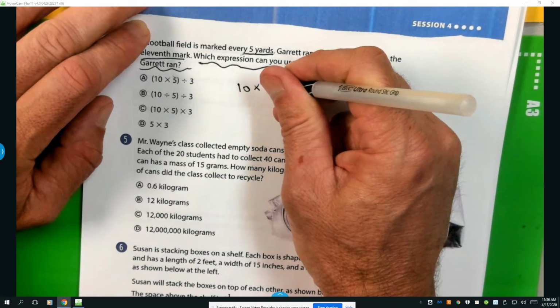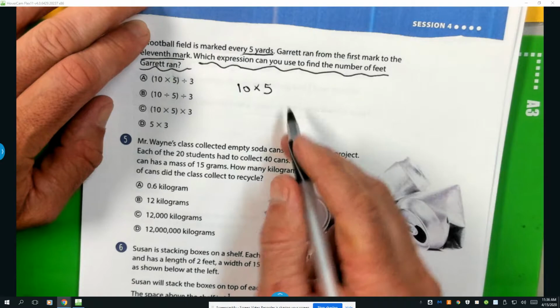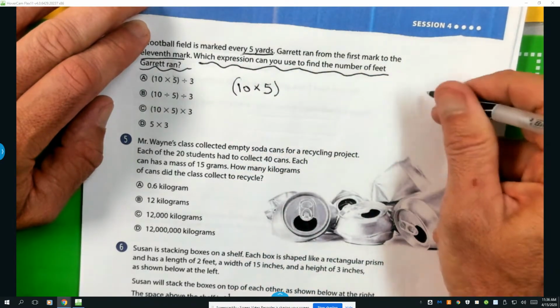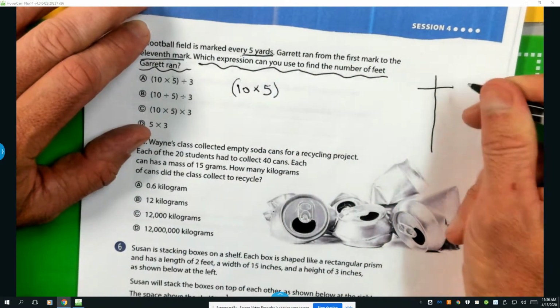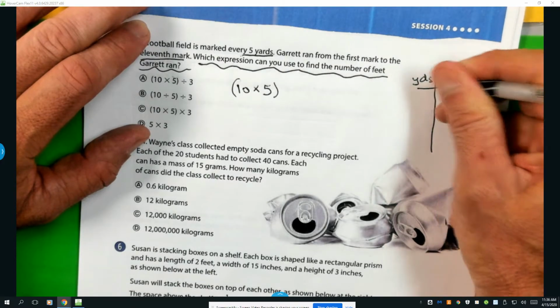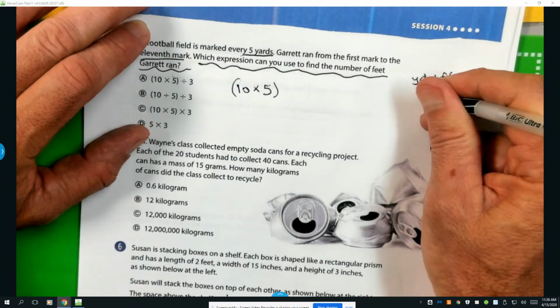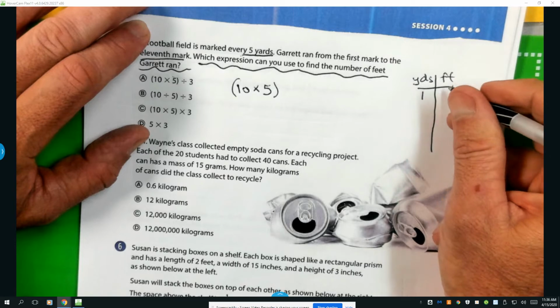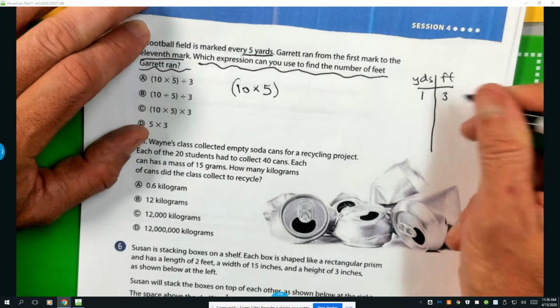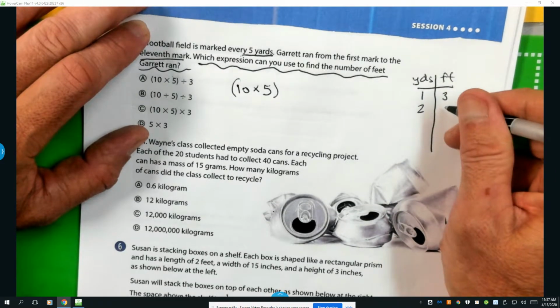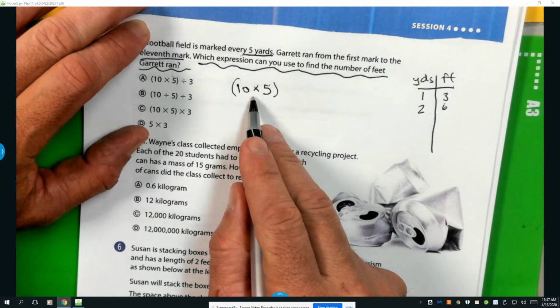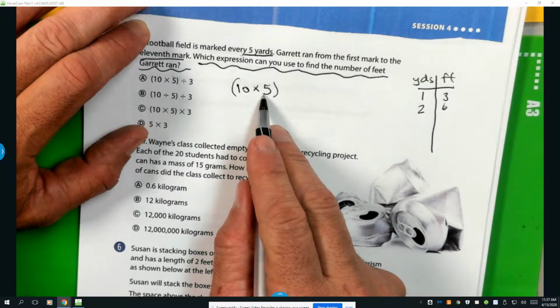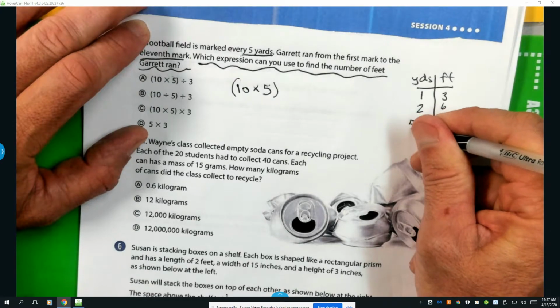times every 5 yards. Now, if we go with a conversion of yards to feet, 1 yard equals 3 feet. Okay, 2 yards, 6 feet. Well, 10 times 5 would be 50 yards.